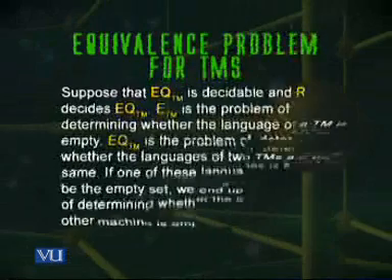So we would say that if the equality problem for Turing machines is decidable, that implies that the emptiness problem for Turing machines is also decidable. But we know that the emptiness problem for Turing machines is undecidable, therefore we will conclude that EQTM is also undecidable. Let's look at the proof.